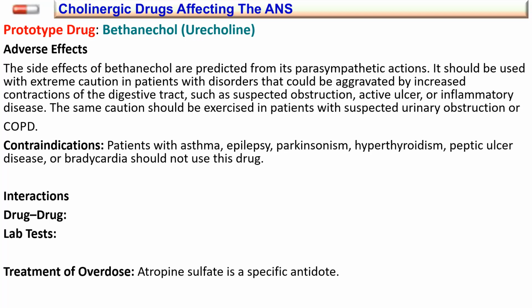Atropine is an anticholinergic, so it will decrease the cholinergic effect in this case. So there will be a drug-drug interaction with atropine, as an example.